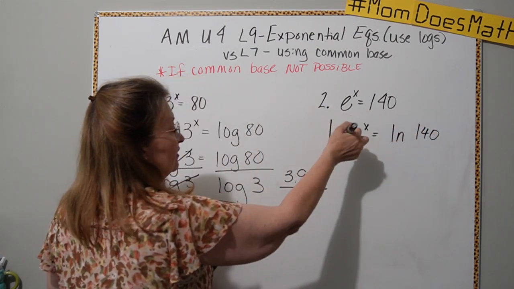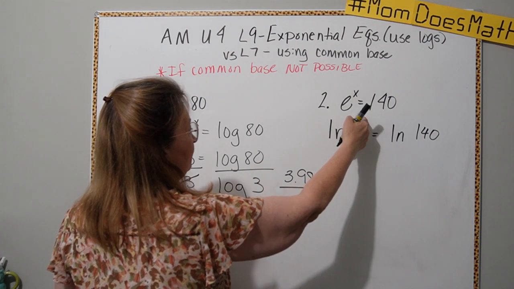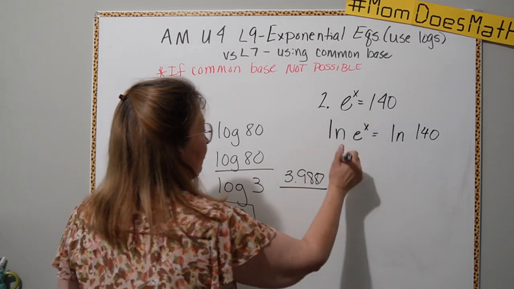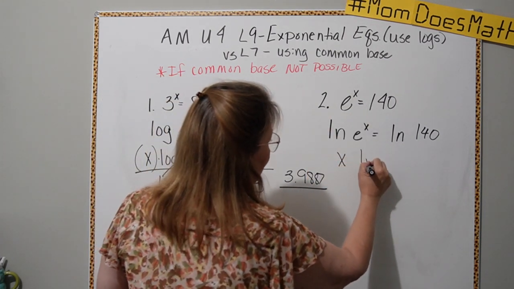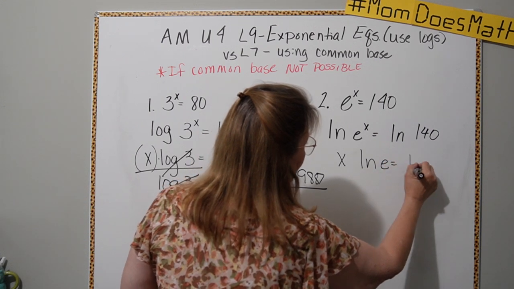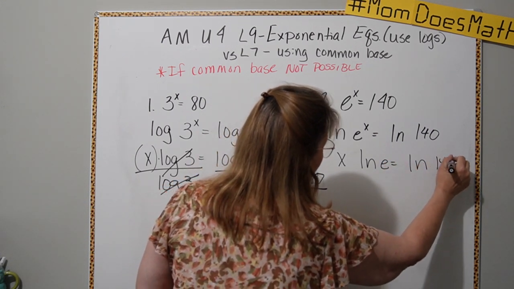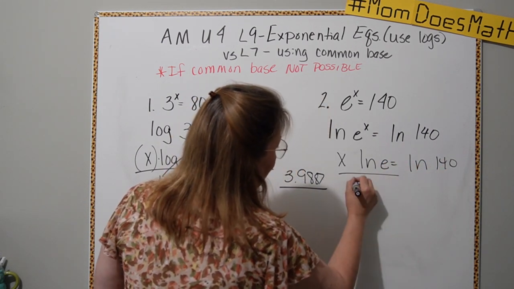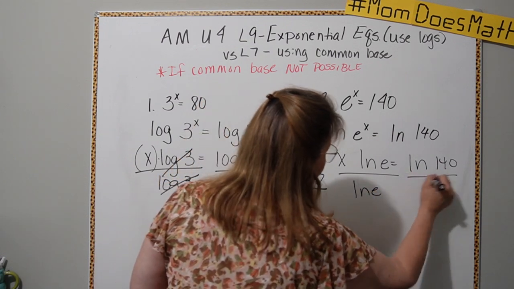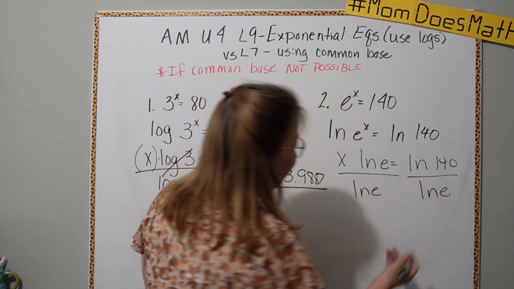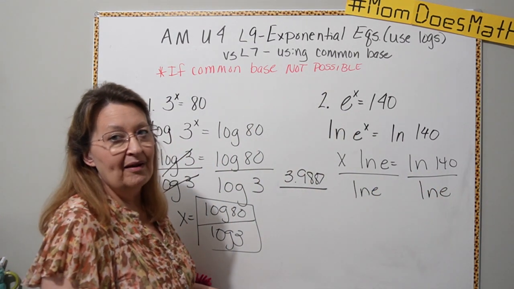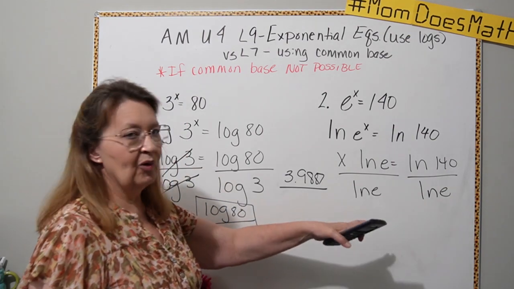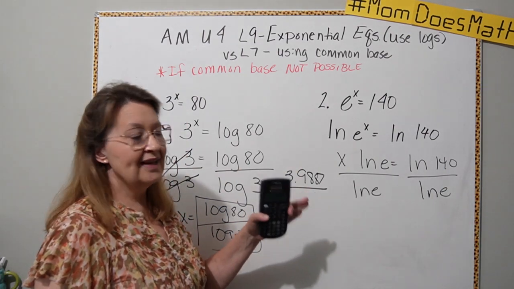Once again, the power property says x times ln of e is equal to natural log 140. Divide both sides by natural log of e. Remember, e is a number, like pi. It is not a variable.